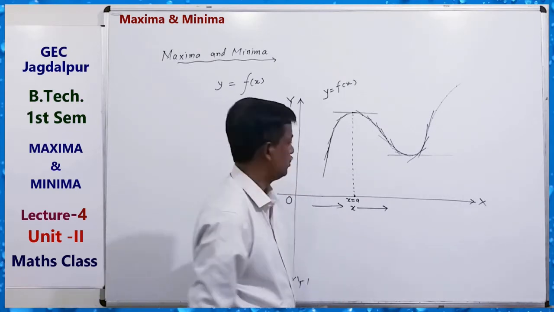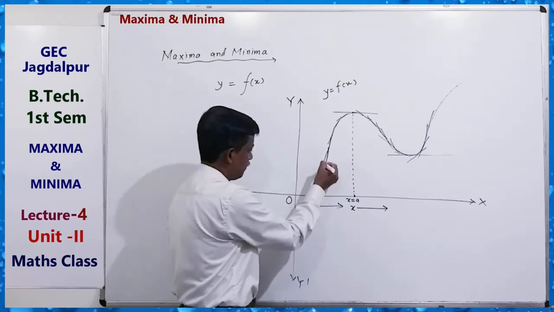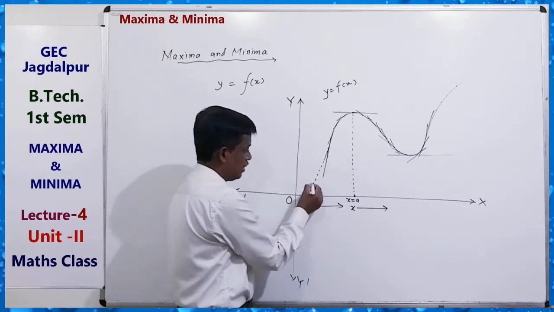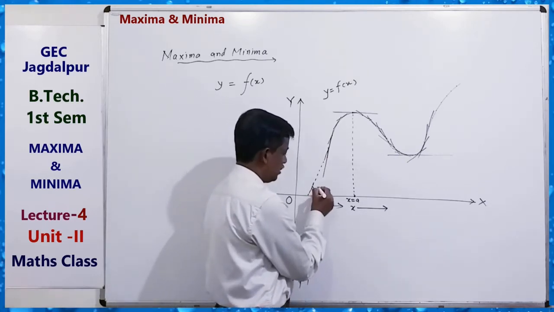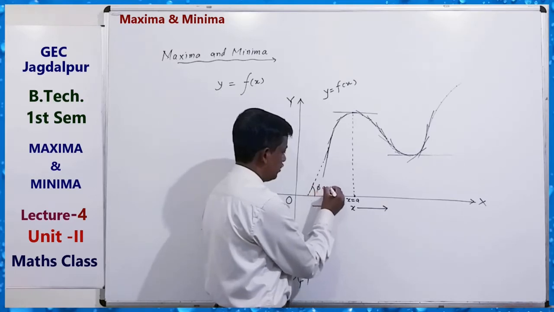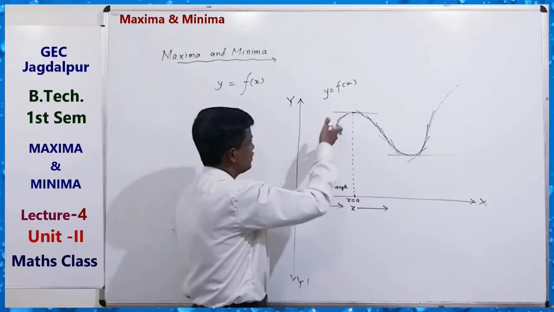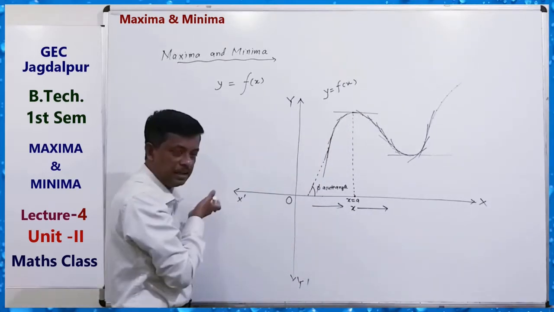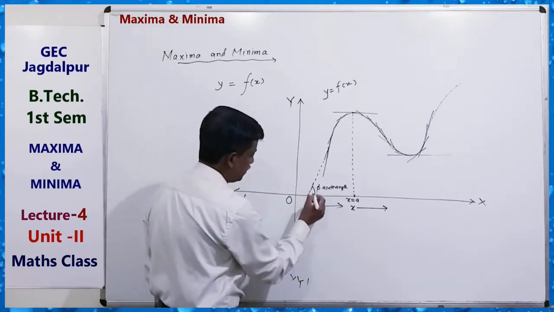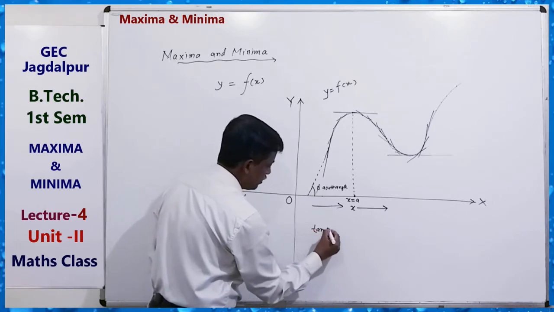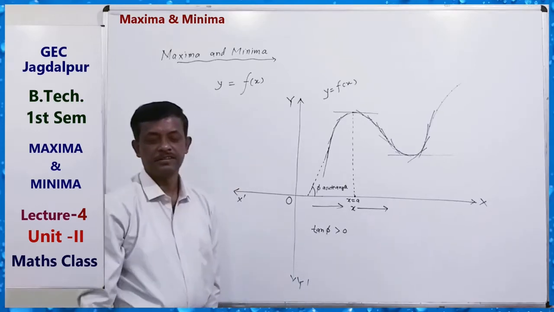The tangent has a slope. If this tangent makes an acute angle, because a tangent like this makes an acute angle, then its slope tan phi will be greater than 0.